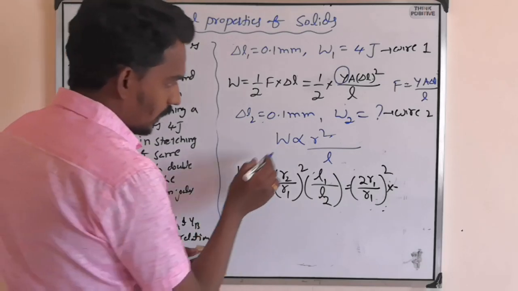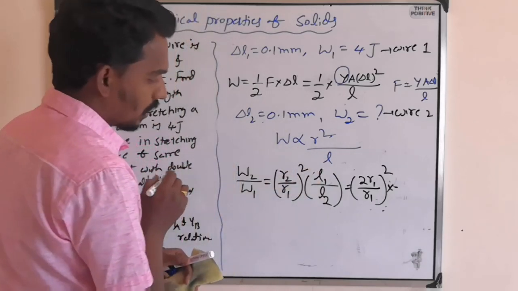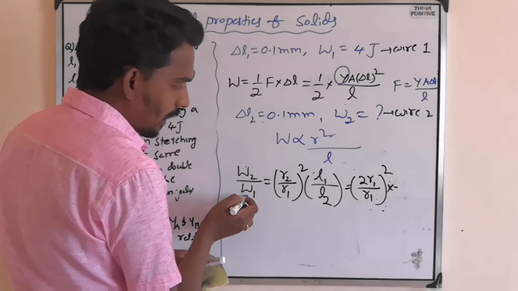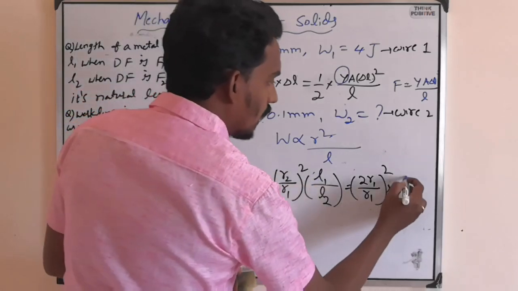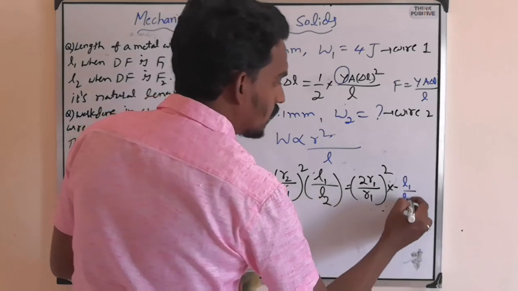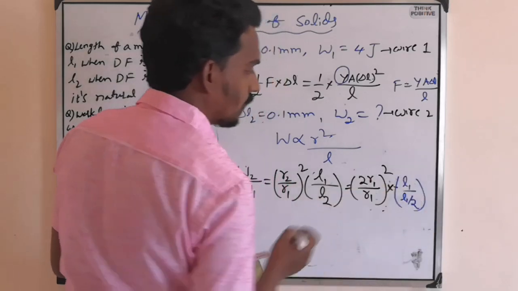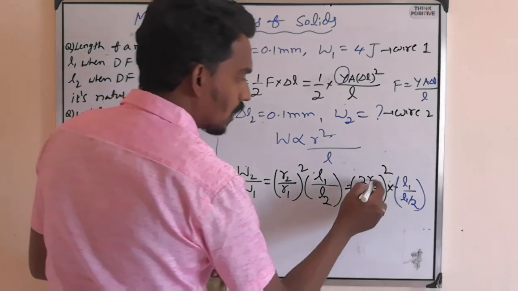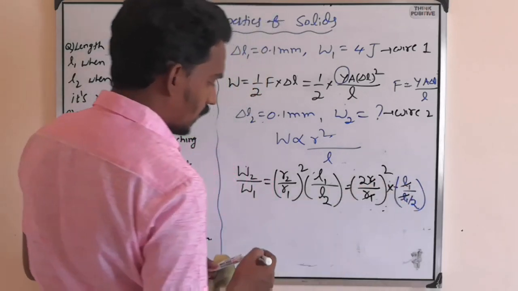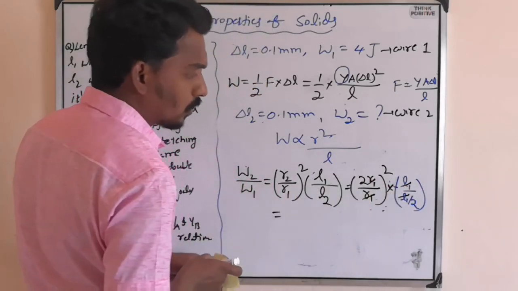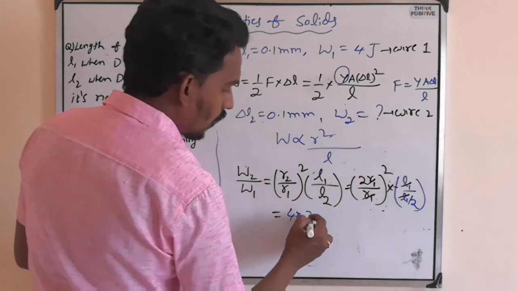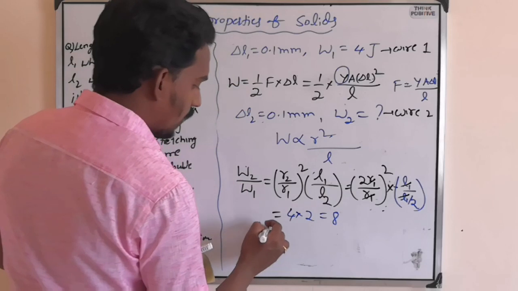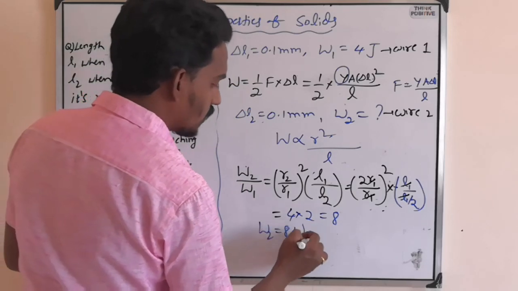Please correct it. W is inversely proportional to length, so W2 by W1 equal to L1 by L2, and L1 by L2 is 2. So R1 cancels, L1 cancels, and we get 2 square, 4, times 2, so 8. So W2 is 8 times W1.